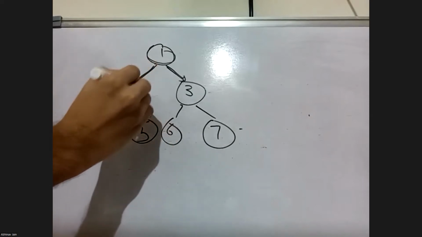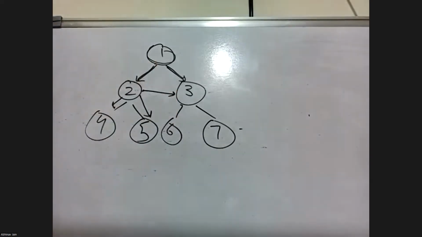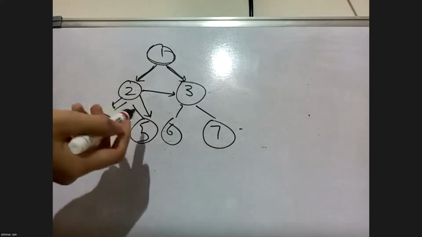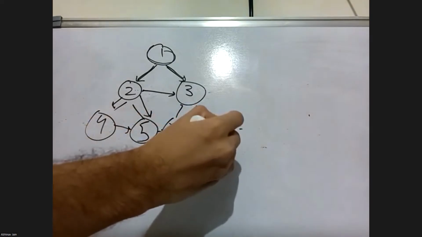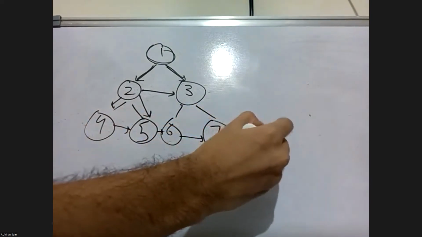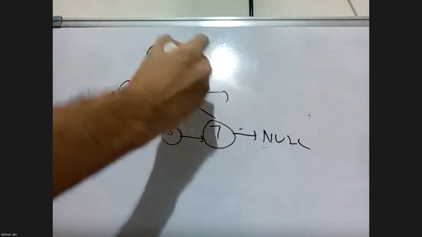The next of this node is this node, which we have to establish because that's the question. We have to set the next pointer of each of these nodes to the next node on the same level. Likewise, the next of this is this, and the next of 7 is none.